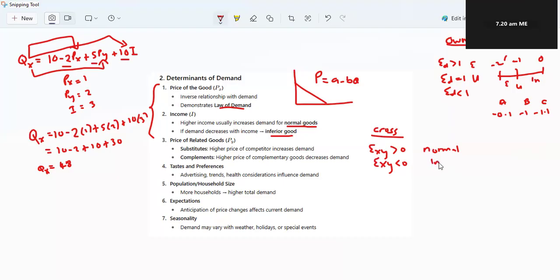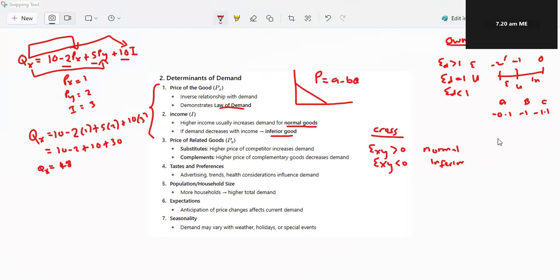So normal goods are things that we should demand more of as we do what? As we gain income. Examples are thrifted clothes, Salaula. If our income goes up, you will be less attracted to buying Salaula clothes. Those will be what? Inferior goods. Then when we are demanding more of that particular good, it becomes a normal good.